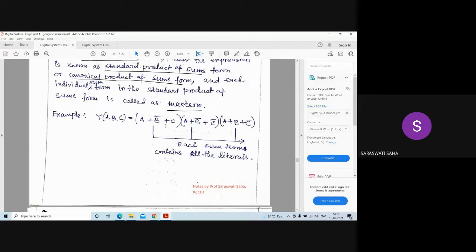And this is the output expression y, which is a function of three input variables a, b, c. But here all the sum terms contain all the input variables, that means a, b, c, either in normal form or in complement form. Clear?